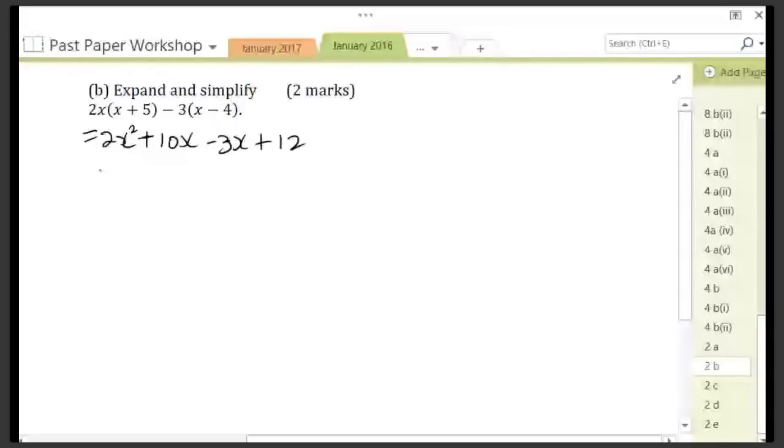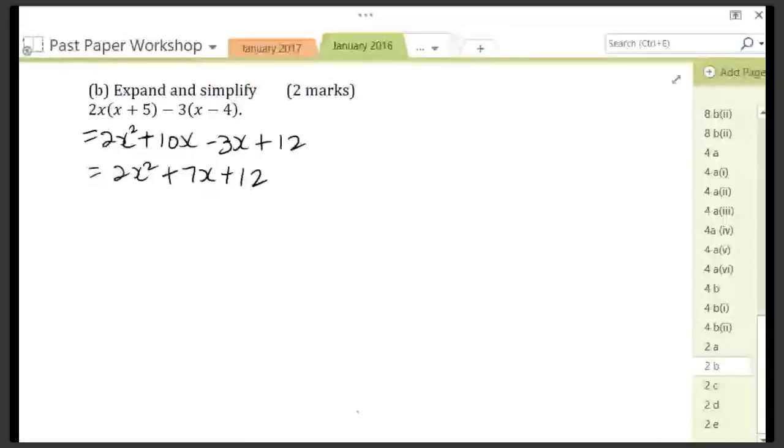So let's simplify. 10x minus 3x here is 7x. So this is 2x squared plus 7x plus 12. That's the answer. All you're doing is using the distributive law, expanding those brackets and simplifying.